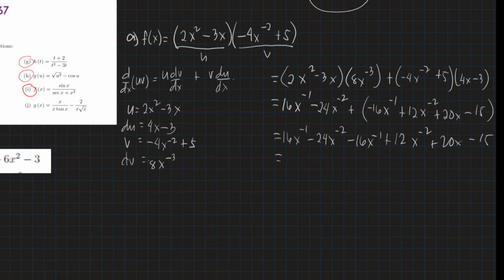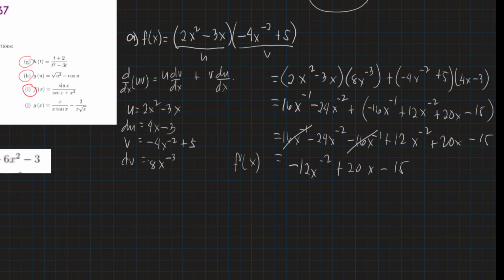So this is equal to, combine like terms. Itong 16x to the negative 1 at negative 16x to the negative 1, cancel na yan. And then negative 24x to the negative 2, tsaka ito, pwede magiging negative 12x to the negative 2. And then plus 20x minus 15. So, this is our f prime of x.